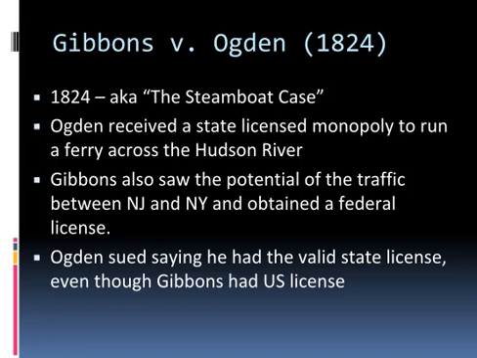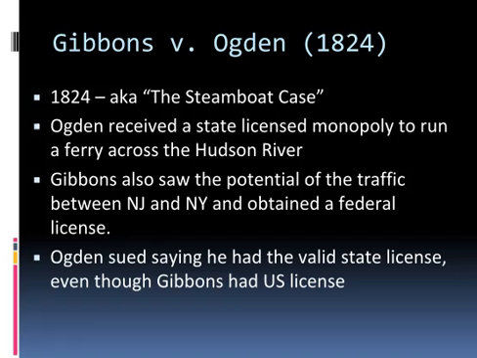If you're not familiar with your geography, the Hudson River runs between New York and New Jersey. So Ogden can go from New York to New Jersey, and New Jersey to New York, and because of the state license he has, he is the only one who can do this.